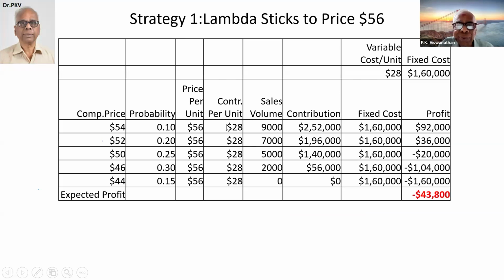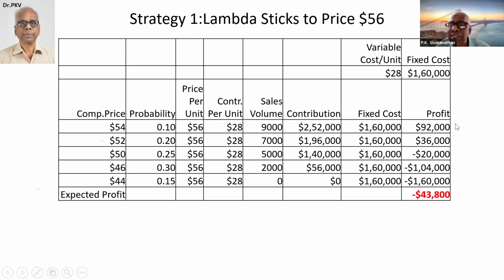Multiply the volume with the contribution margin based on the variable cost, selling price minus variable. What kind of profit margin do I have? Contribution margin: 9,000 into 28, if you multiply, $252,000, $196,000, $140,000, $56,000, $0.